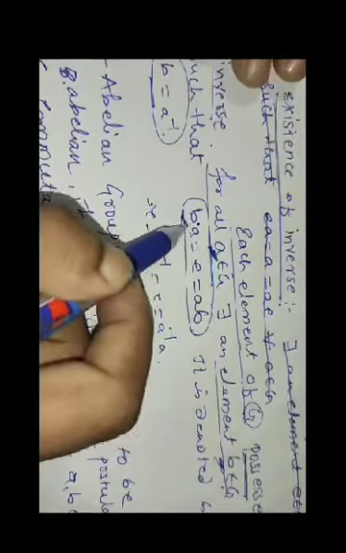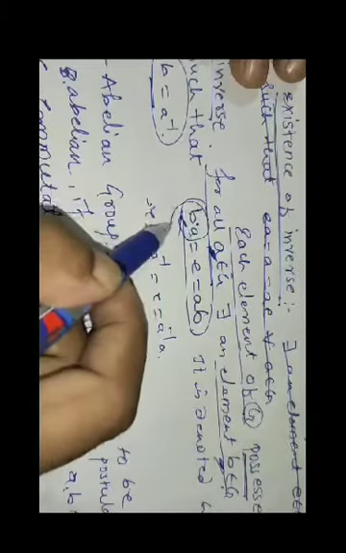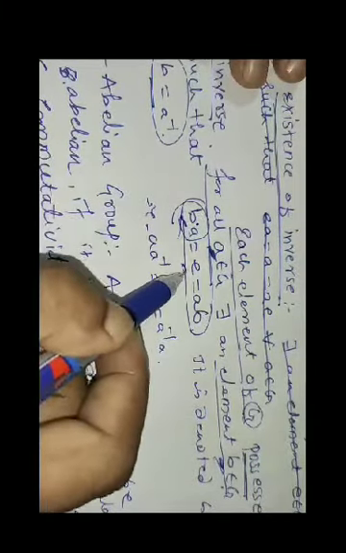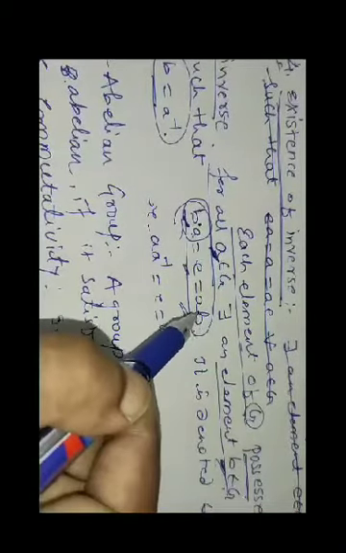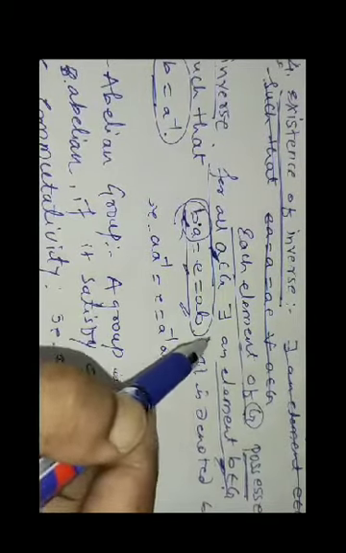So B dot A is equal to E, that is, product of AB is equal to E is equal to product BA. Remember that. So BA is equal to E is equal to AB.